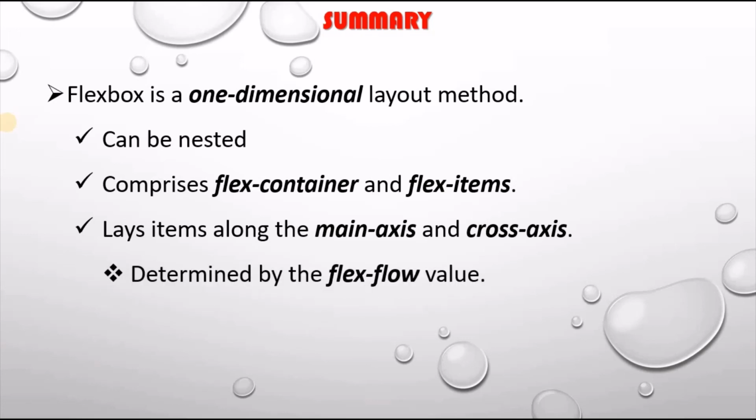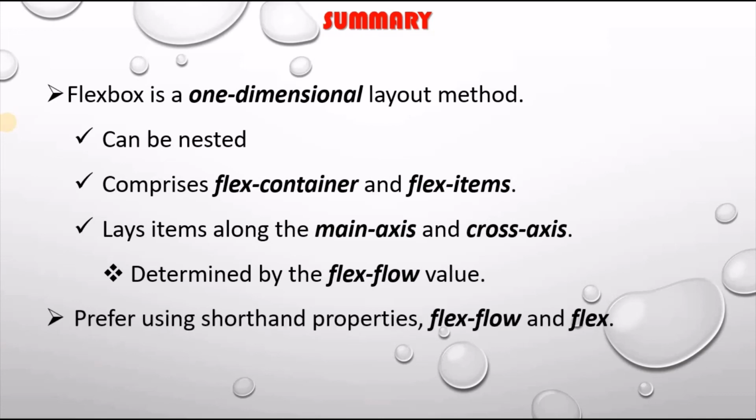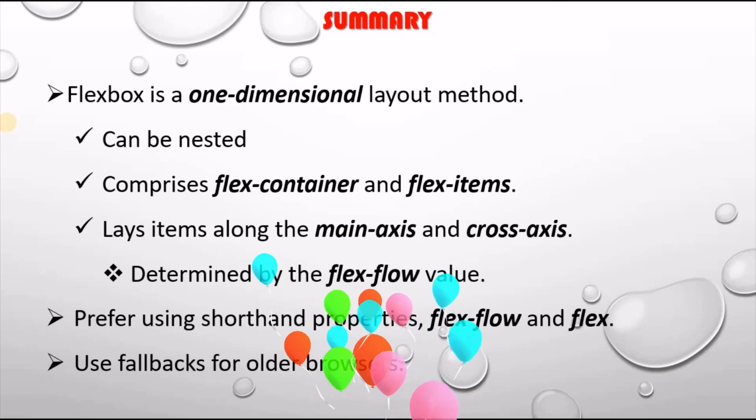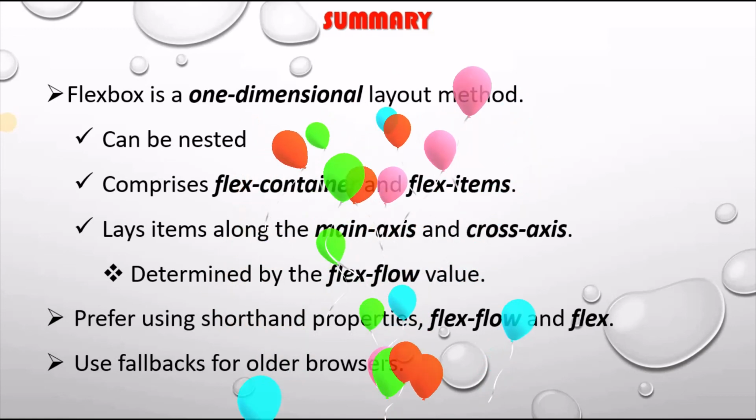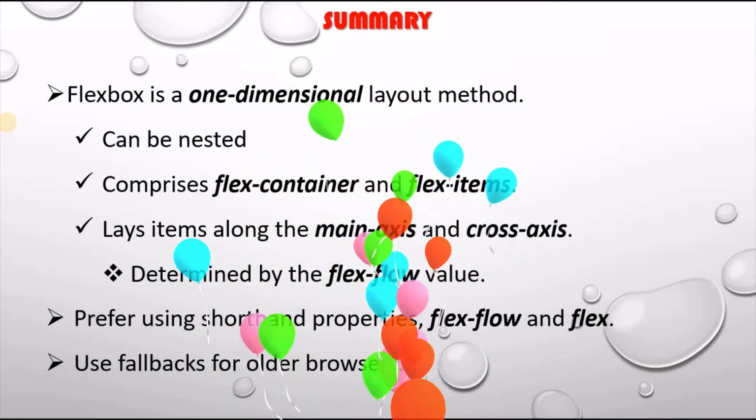And the main axis is determined by the flex flow, and the cross axis is perpendicular to this main axis. Prefer using shorthand properties, that is flex flow and flex, rather than the longhand, unless you want to override the properties that you have previously set. Use fallbacks for older browsers, because if it is not supported on that particular browser, then your layout will fail completely. So you should always provide a fallback.